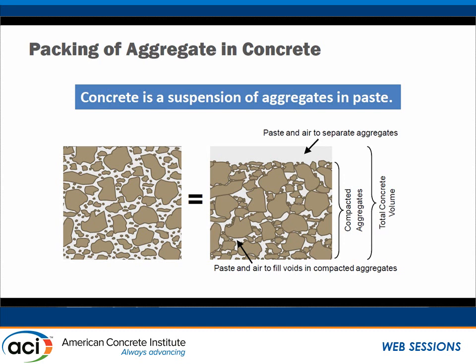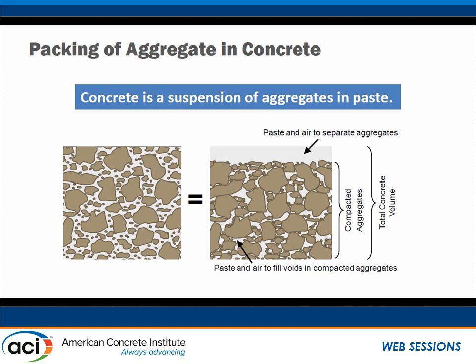So the shape and the angularity and texture of those aggregates provides one more dimension that we have to consider beyond just how tightly those aggregates pack. That affects the additional paste that we have to add to separate the aggregates beyond what they would otherwise need if they're tightly packed, and also the rheology of that paste that's needed to suspend and support those aggregates.